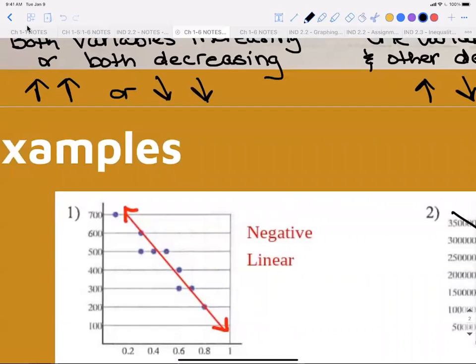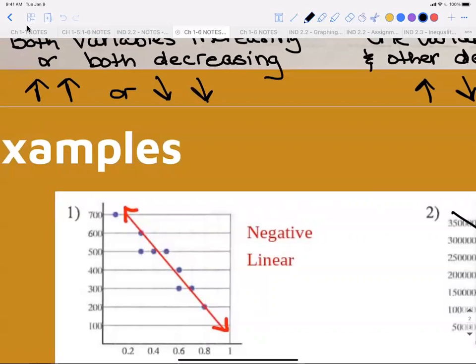Obviously, you wouldn't want something like this, or something like this, because you're not anywhere near your data. So when you go to plot your points, and then you go to draw in this line of best fit, you're going to want to play with your ruler and get it set to where you go through the meat or the heart of all your data points. Okay, sound good? All right.